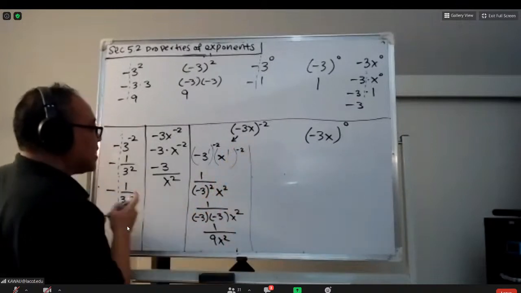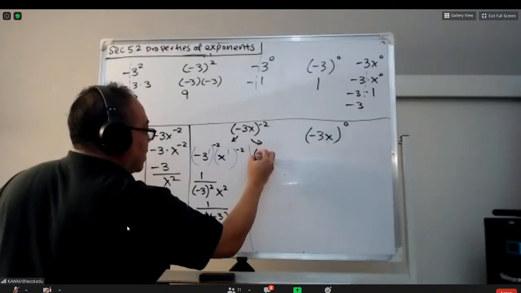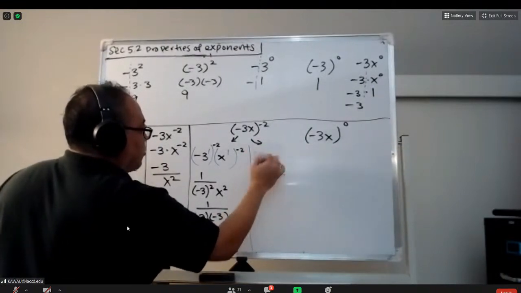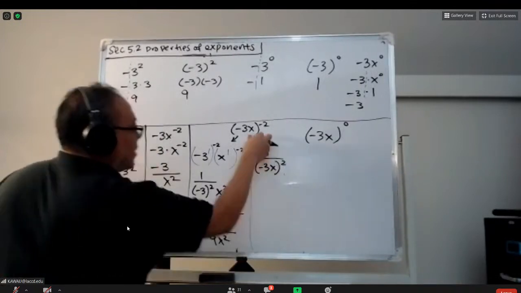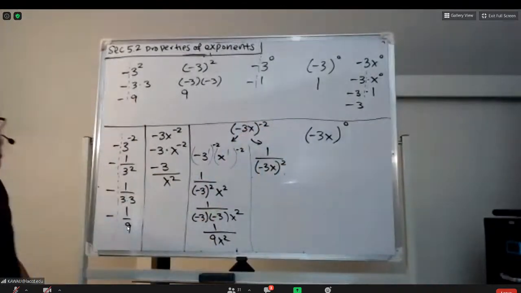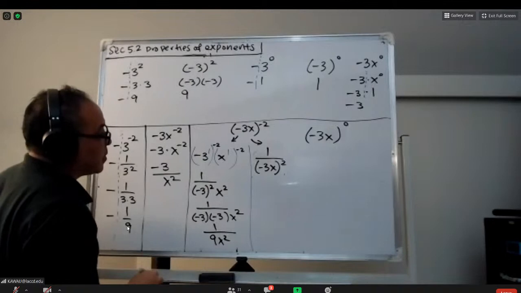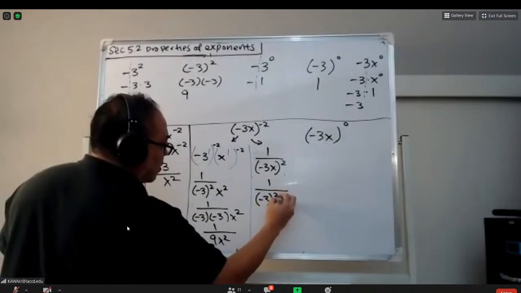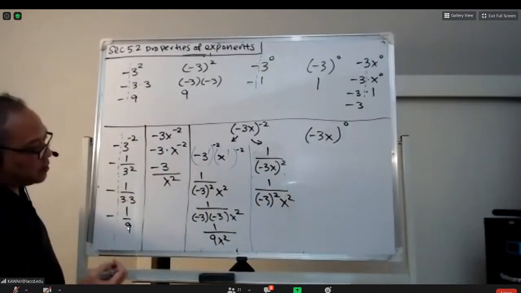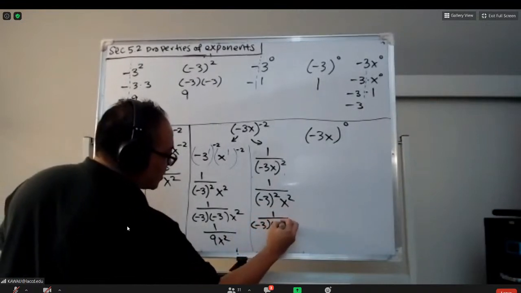The other way of attacking this is we bring the whole thing down, and then we make this positive. And then this turns into, there's a parentheses there, so then we get 1 over minus 3 times minus 3.